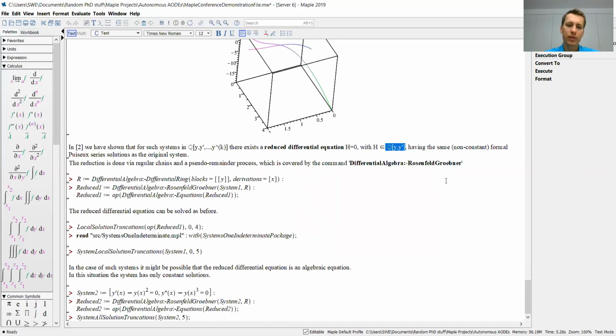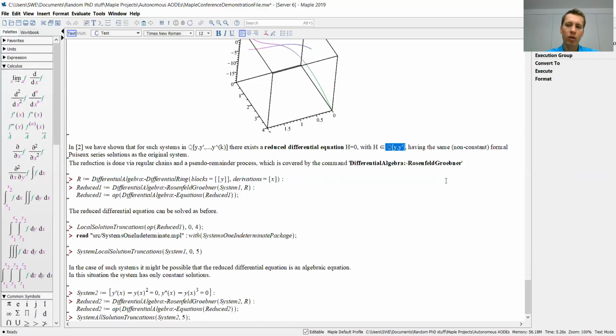This reduction can be done via the Rosenfeld-Gröbner command in Maple. So this command covers the regular chains and pseudo-remainder process we are using. In our theory, we show more that it is easier to compute these reduced differential equations than with such rather complicated commands and methods.